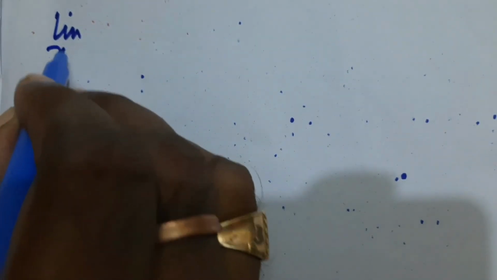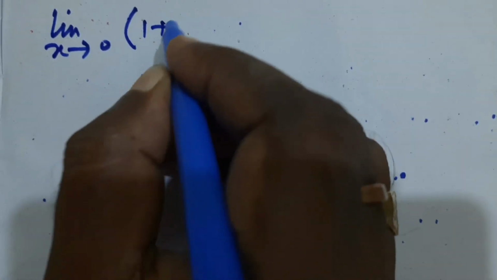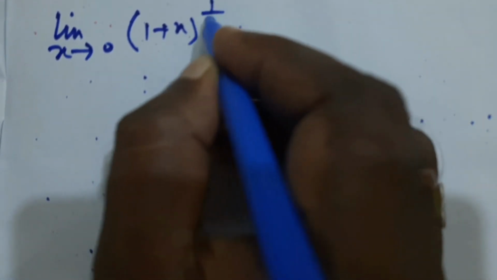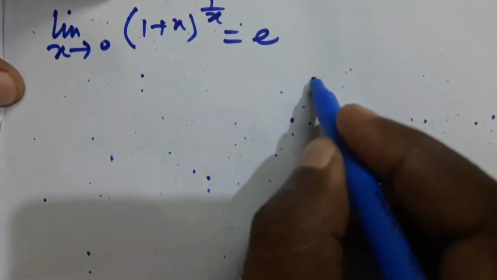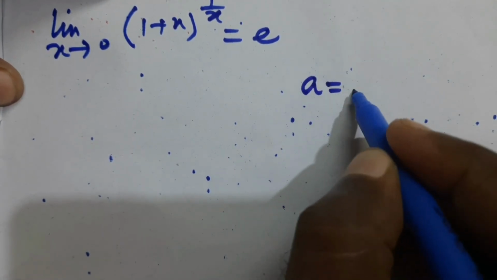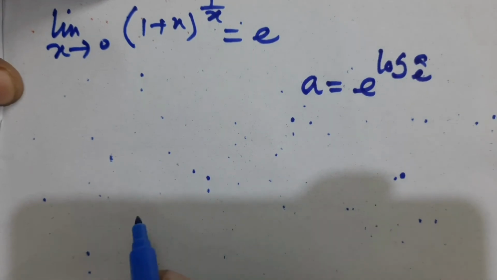Limit x tends to 0, (1 plus x) to the power 1 by x. Actually this is equal to e. Okay, you know, for a we can write e to the power log a to the base e.